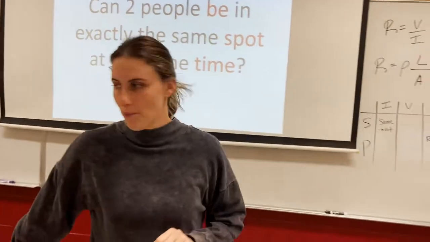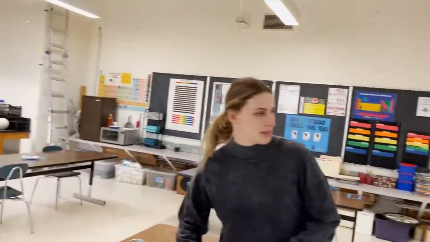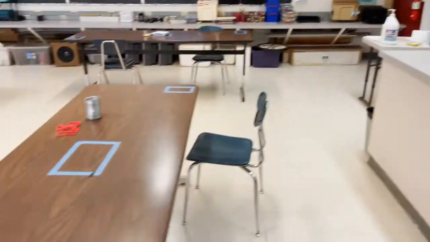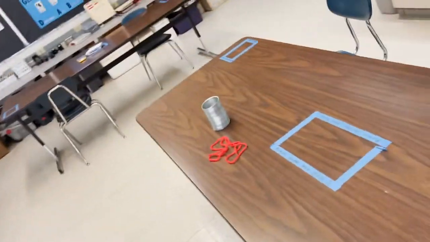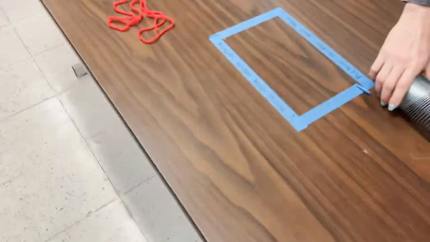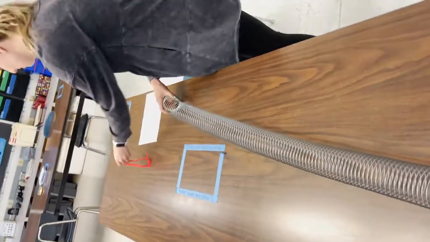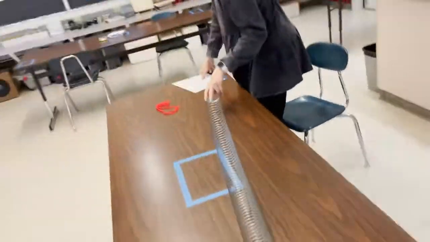Let's go ahead and start our pulse lab here. Let me get my handout. All right, and here is our Slinky, and Mr. Boykin's going to go on this side, and I will go on this side, so you don't have to do so many things at once.